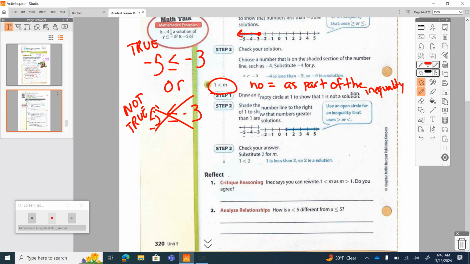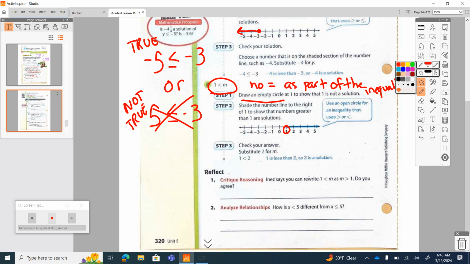An empty circle, open circle. So right now I'm going to put a circle on m. I'm going to think of what would make this true. So for instance, 1 is less than 3. That's true. So since the dot is to the right of this open circle, I'm going to draw the arrow.